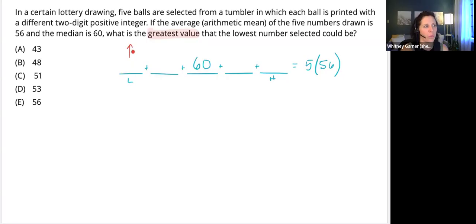And this one I want to make really, really big. What do I need to do to the other 3 numbers that I haven't assigned yet? What would I do to those? Big or small? Yeah, I need to make the rest of them small.